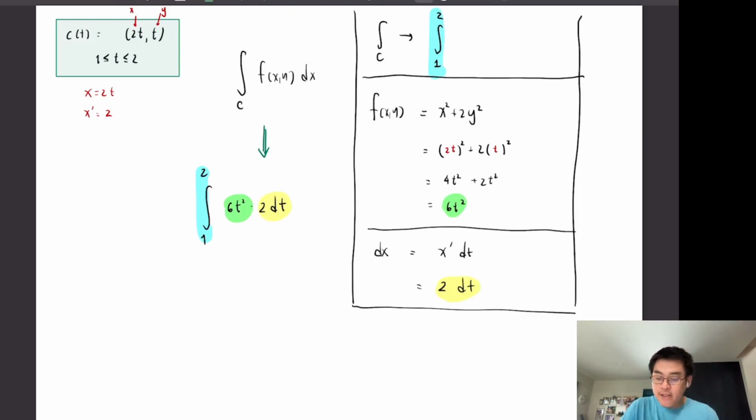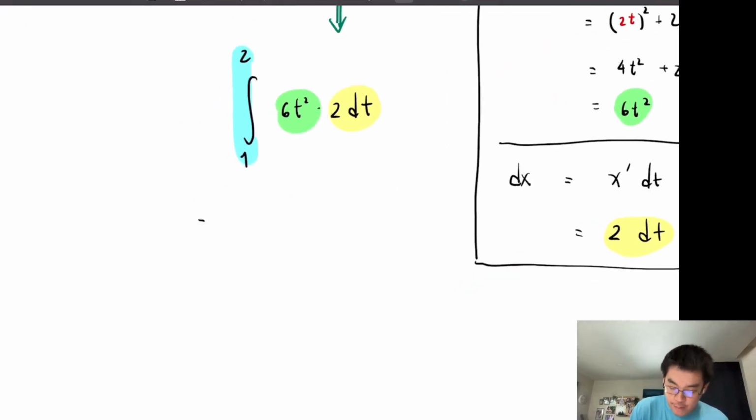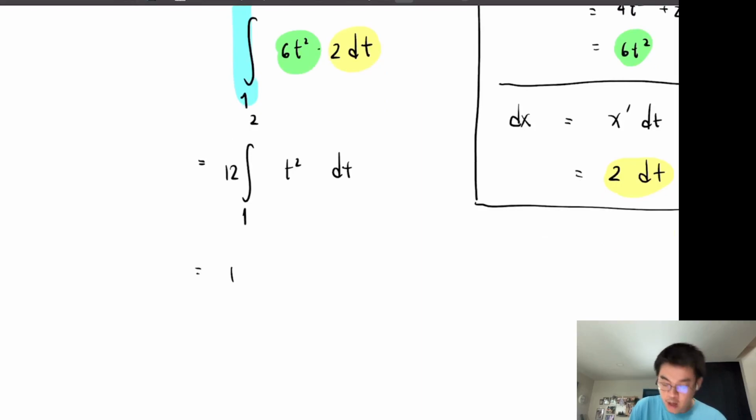All right, and after this it should turn into a Math 1 problem, which is just integration over one variable. So what do you have? You have integration from 1 to 2 of 12t squared dt. 12t squared becomes 4t cubed.